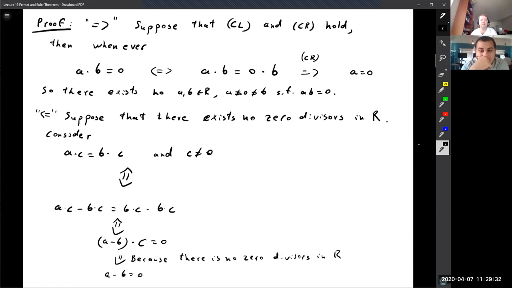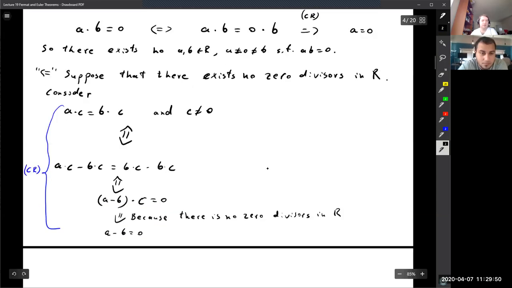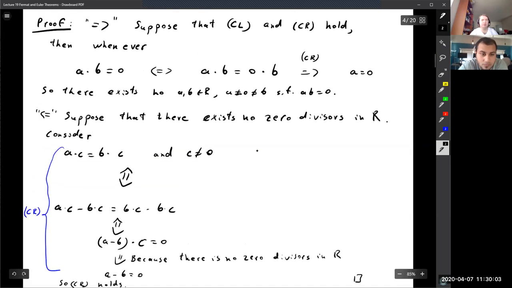And that is exactly the right cancellation law. So CR holds. Okay, so any questions so far about the theorem or its proof?